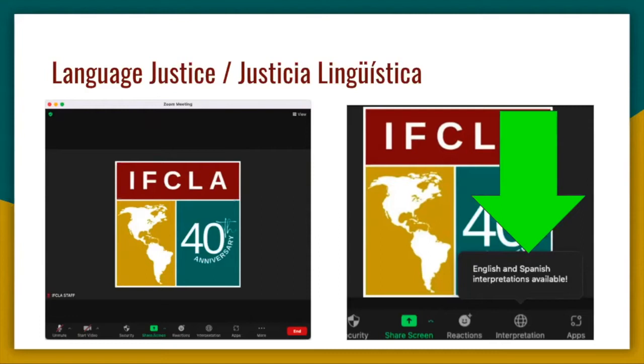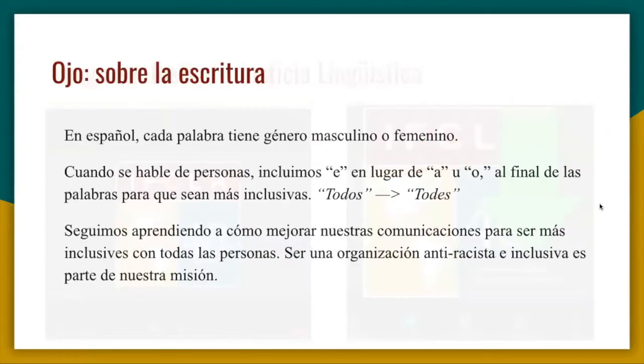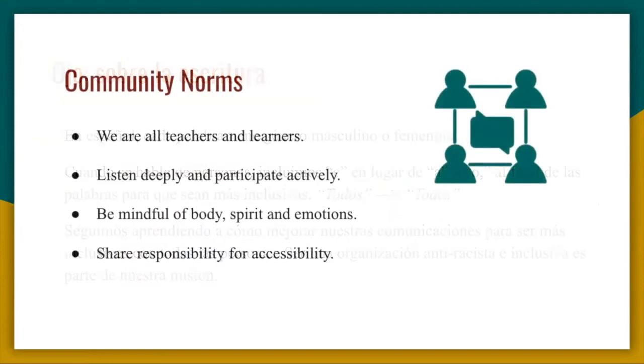Thank you. No problem. Let me move our slides down. I think these are you, Rita. That is correct. So previously we wanted to make a note about how we're pursuing language justice at IFCLA.